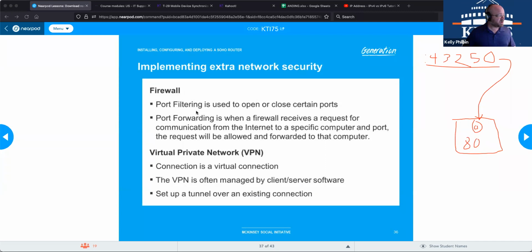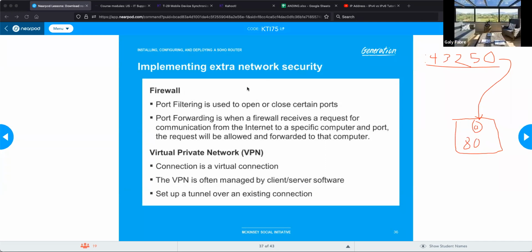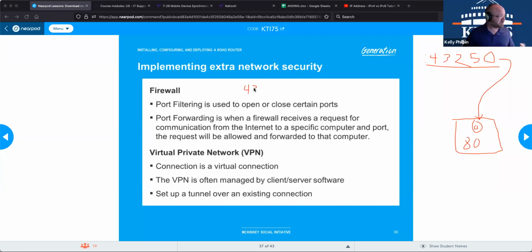So what I can do is on my firewall, I can set up a rule to forward 43,250 to the camera on port 80.